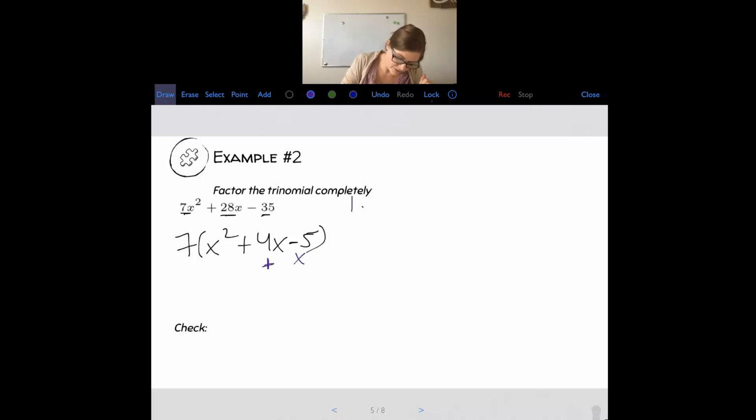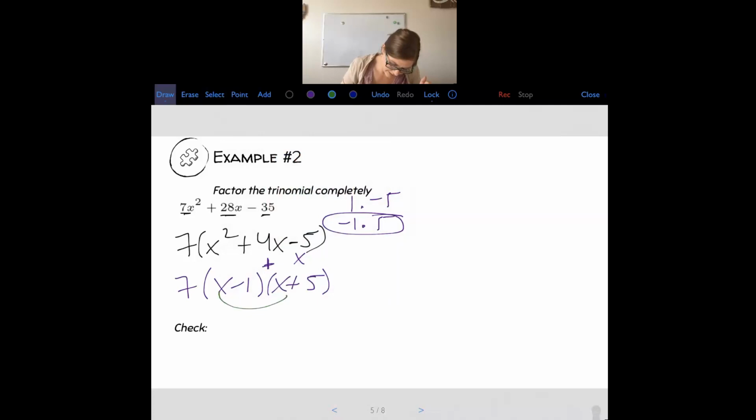So you can go through the factors. Those are really our two options. We're going to go with this one. Those multiply to negative 5 but add to 4. So we have 7 times x minus 1 times x plus 5. To check it, I would use FOIL here to get x squared plus 5x minus x minus 5, and this would still be times 7.